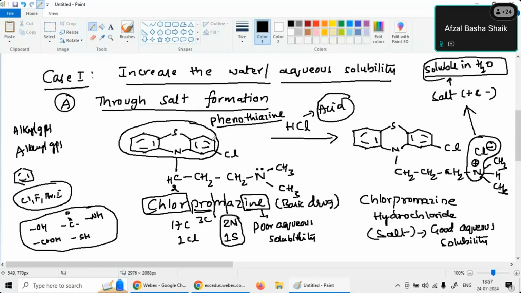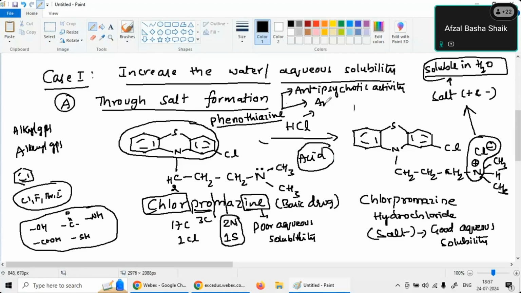The compounds containing the phenothiazine ring generally have antipsychotic activity, as well as anti-cholinergic activity and anti-histaminic activity.